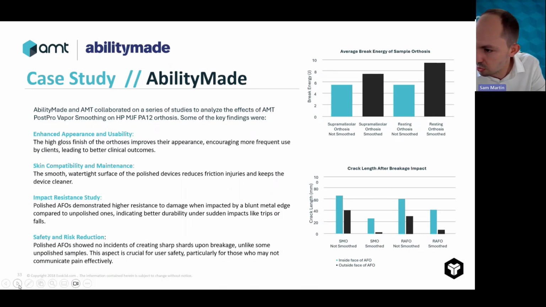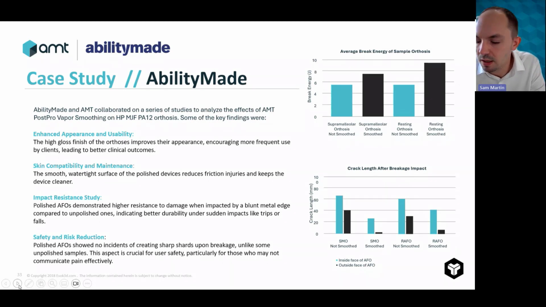So I thought I'd just talk about a few case studies we've done relative to the O&P world. So the first one, Simon's already spoke about, the company Ability Made. So we did a study with them using their PA12 MJF material. The main findings were high gloss finish, so they improved the aesthetics and the appearance of the part.